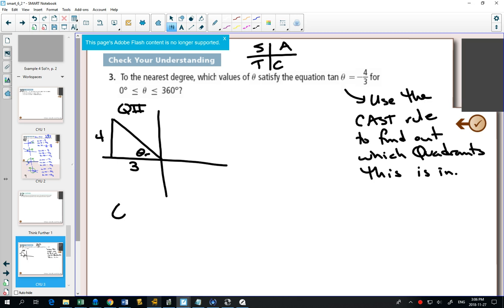If I drew it in quadrant 4, and I made a triangle back to my x-axis so I could label my reference angle, tan is negative 4 over 3. That means my opposite side would be 4, my adjacent side would be 3.